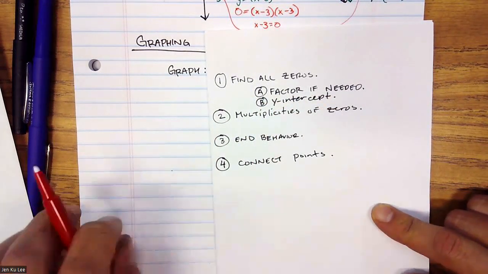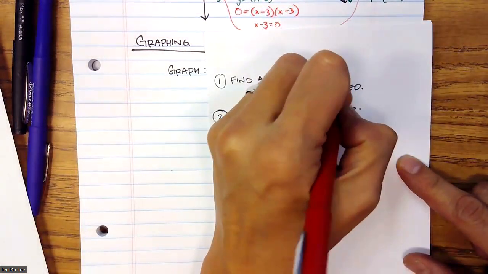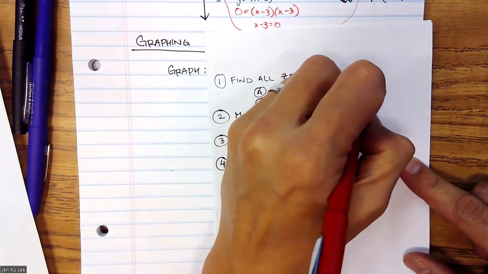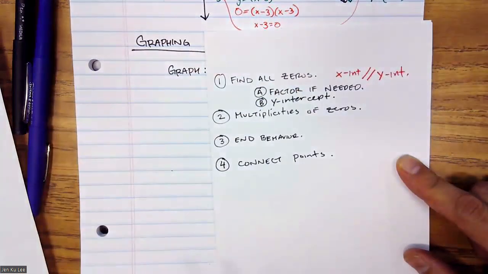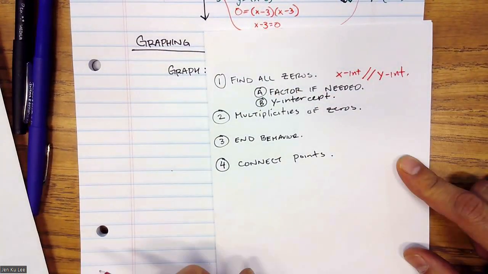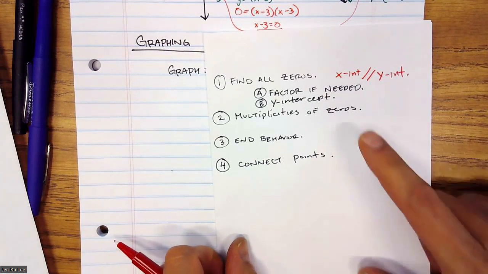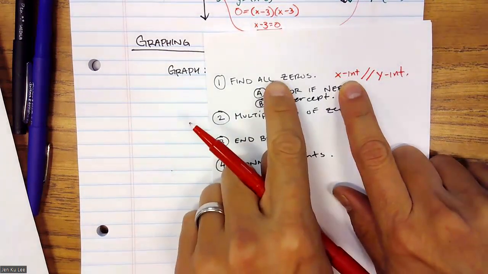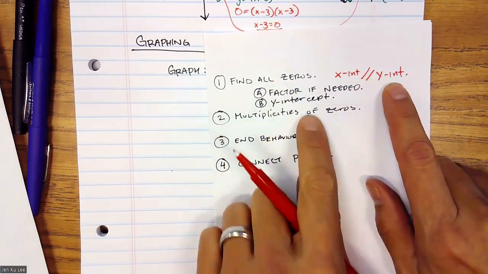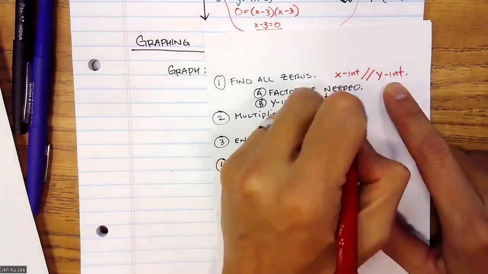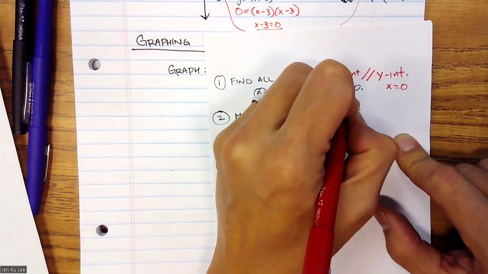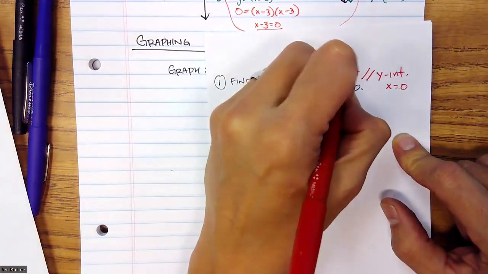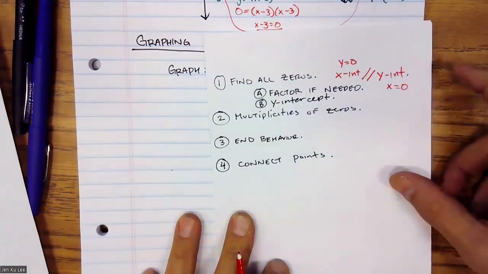So essentially, when you're graphing, you're going to find all the x-intercepts and the y-intercept of the graph. We find the x-intercepts by finding the zeros. You find the y-intercept by making x equal to 0. You find the x-intercepts by making y equal to 0, right?